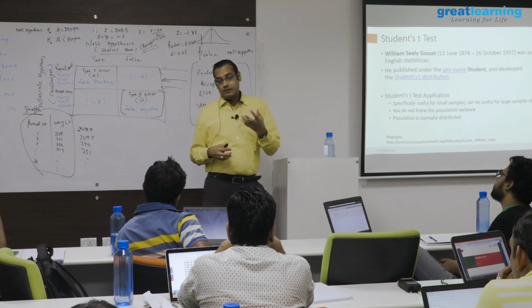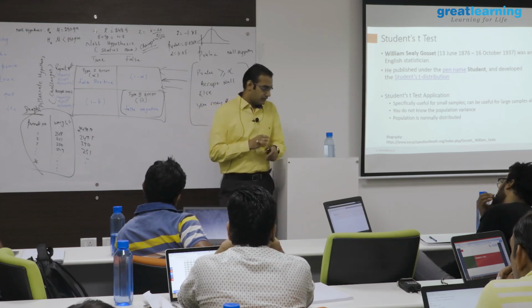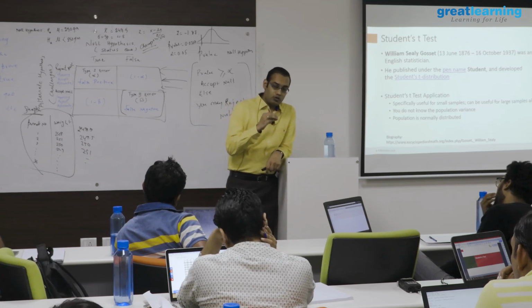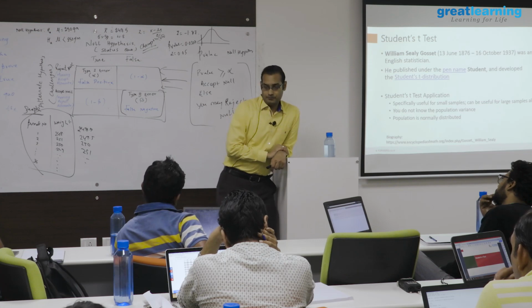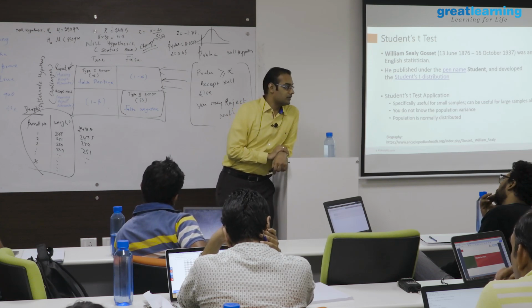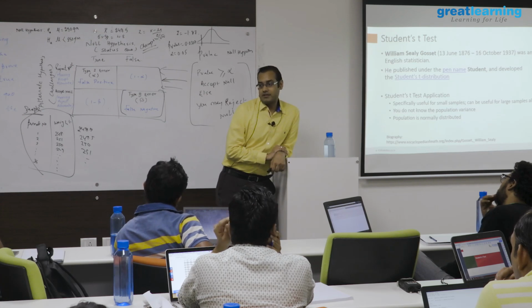And why the name student? When he did the entire analysis, he could not publish that analysis under his own name. Because in the same organization, some other researcher did some research analysis and published a white paper.